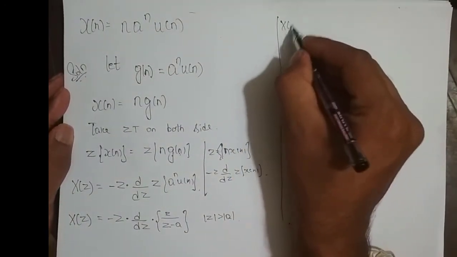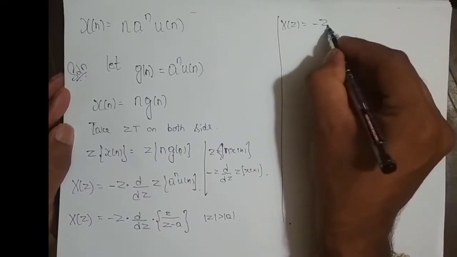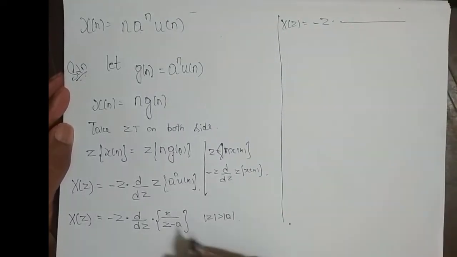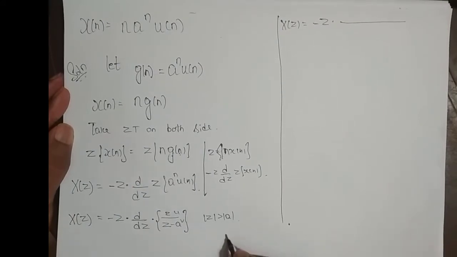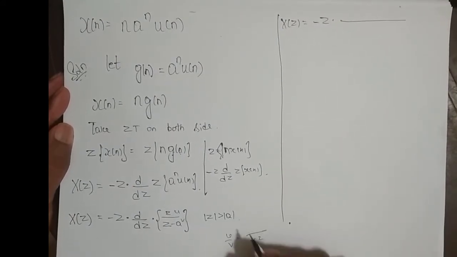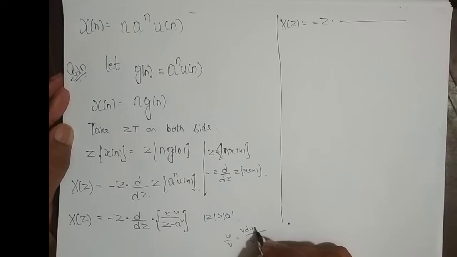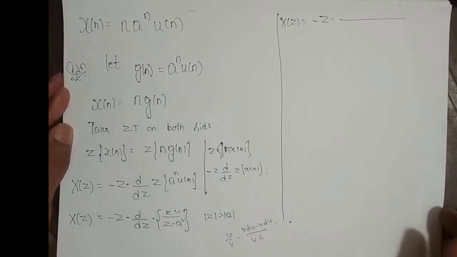So x of z is equal to minus z into, so this is of the form u by v. So what is the derivative of u by v? It is nothing but v square in the denominator, v differentiation of u minus u differentiation of v in the numerator, right?